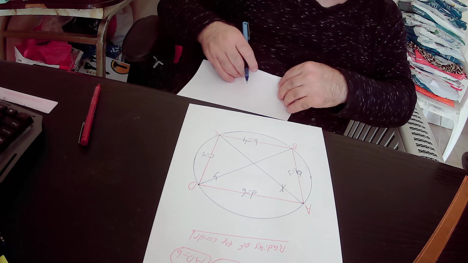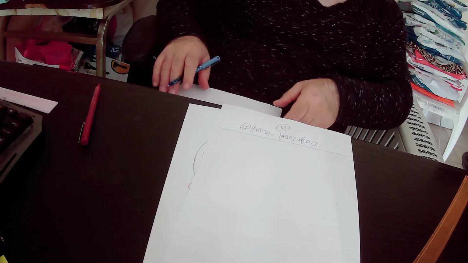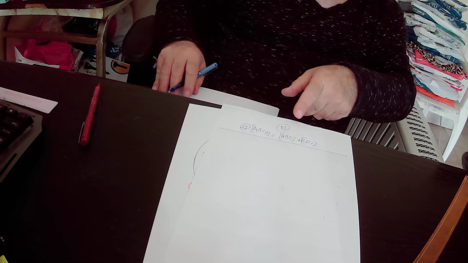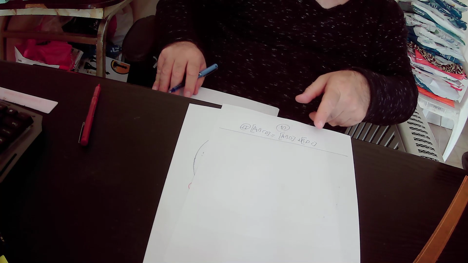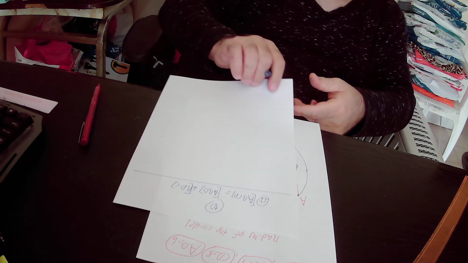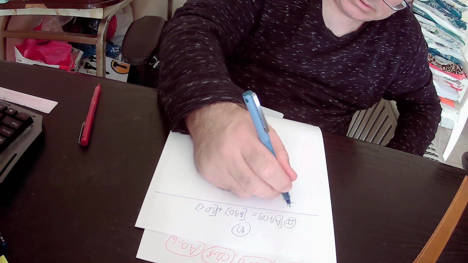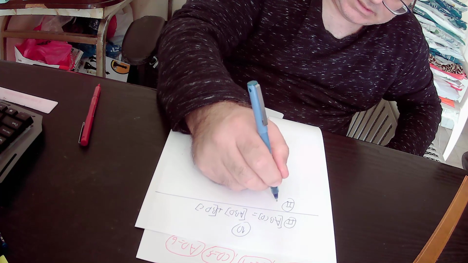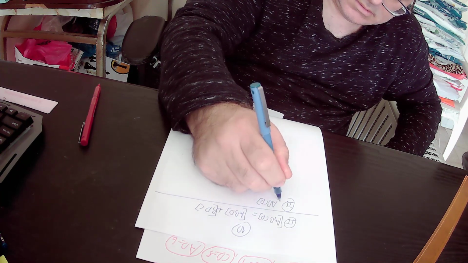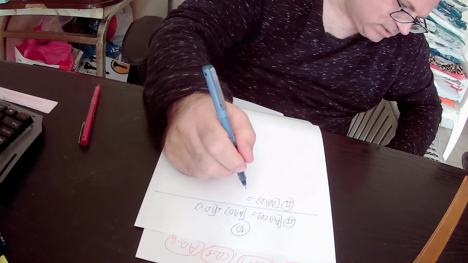So I will repeat again. The area of quadrilateral ABCD, according to equation number 2, equals the area of triangle ABD plus the area of triangle BDC. So the area of quadrilateral ABCD equals the area of triangle ABD.